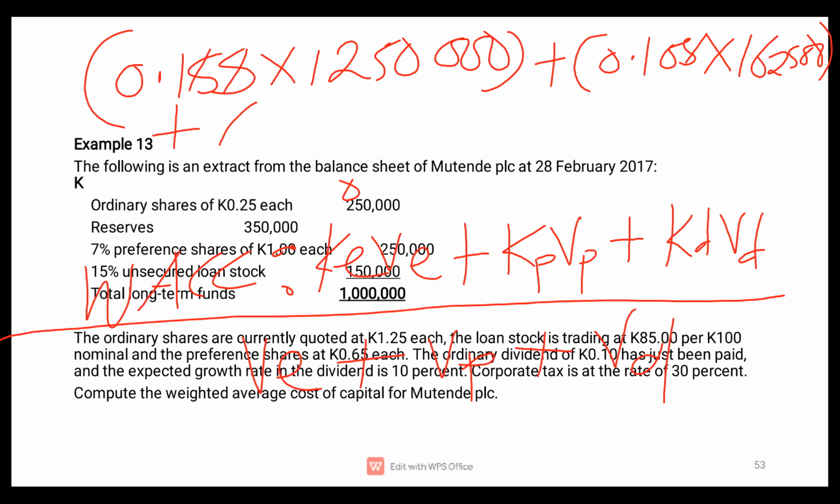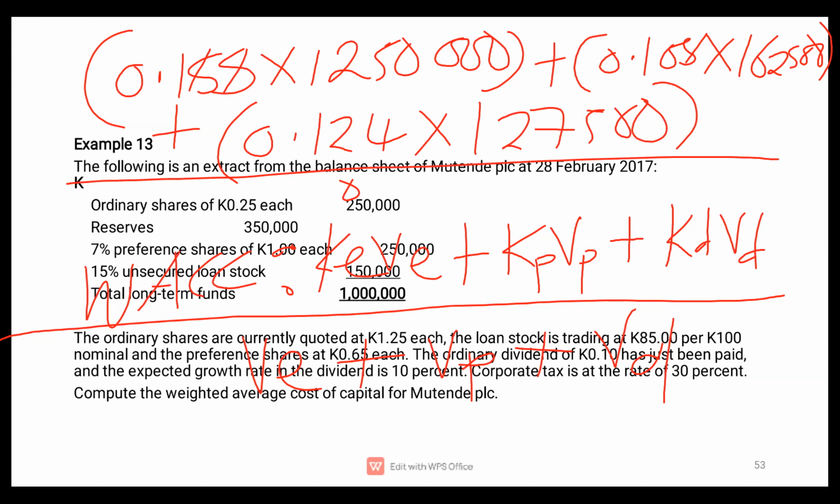Then plus again, the cost of debt. The cost of debt you said was 12.4, which is 0.124 times 127,500.